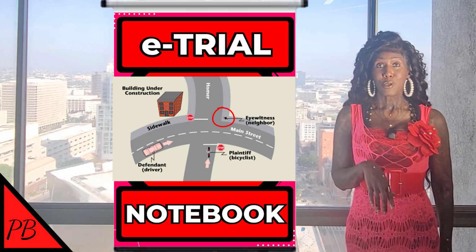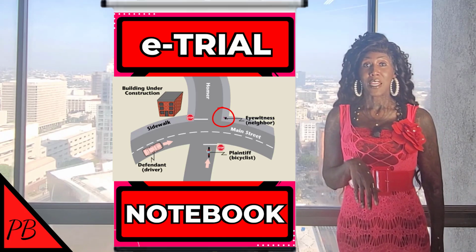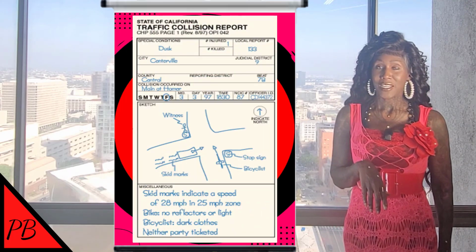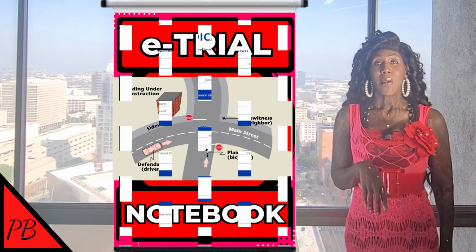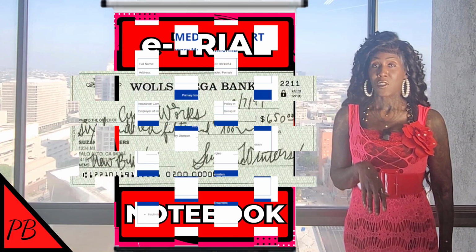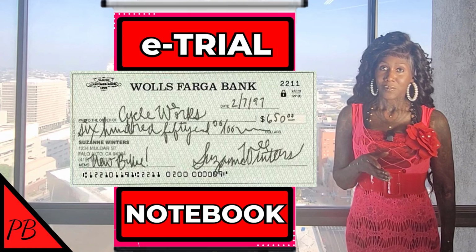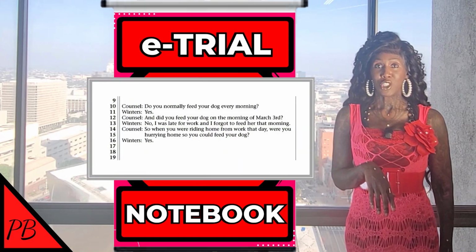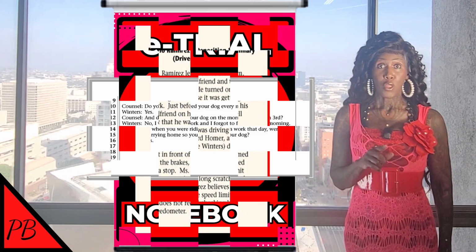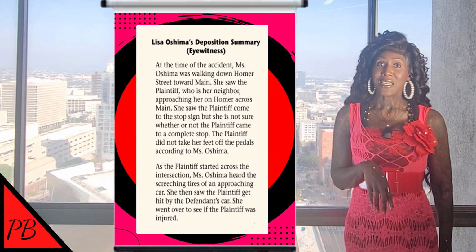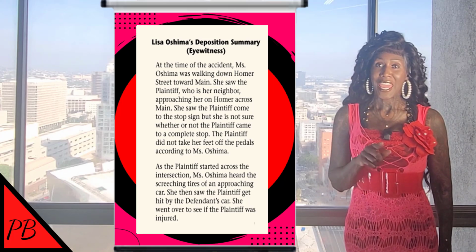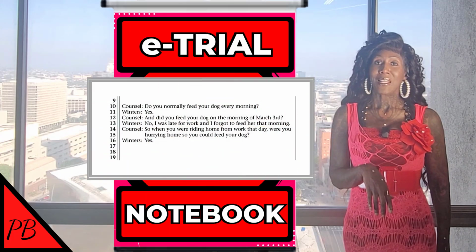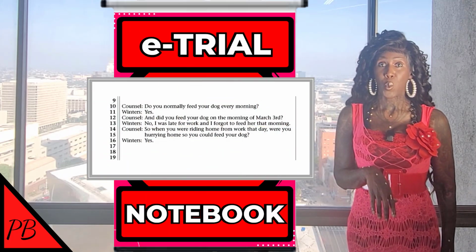But, as you can imagine, we will possibly have certain exhibits, such as the accident collision report, this diagram, medical records, property damage estimates, etc. And in a case like this, you might also have deposition transcripts from the parties, third-party witnesses like the plaintiff's neighbor, Miss Oshima, and the police officer, as well as deposition transcripts from the plaintiff and the defendant's expert witnesses.